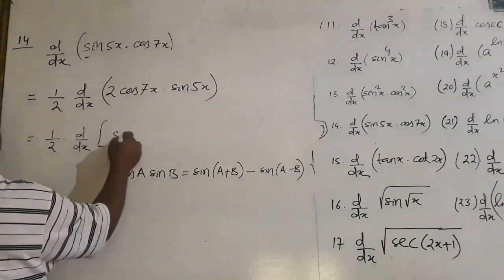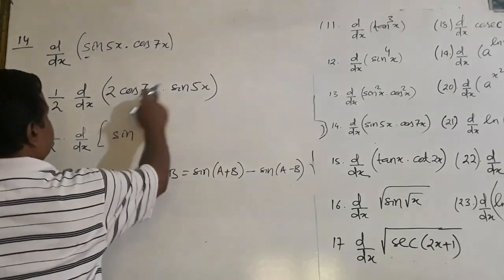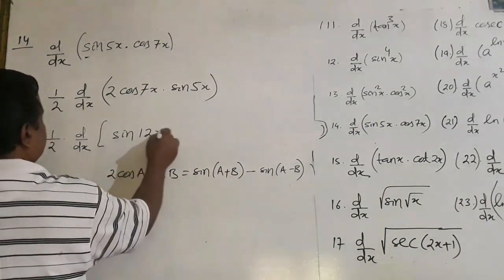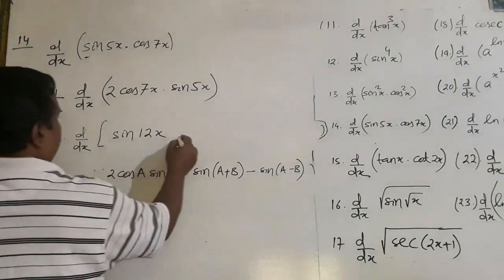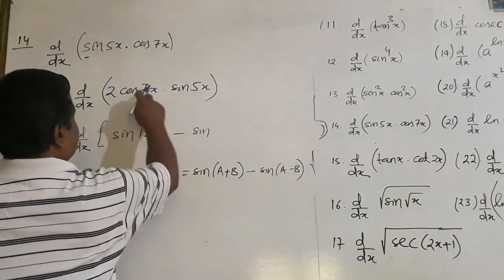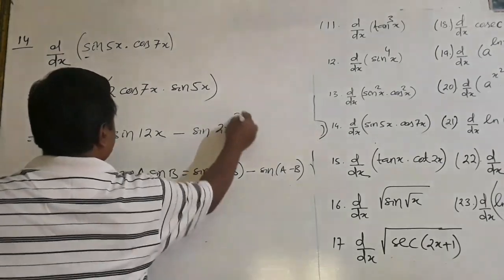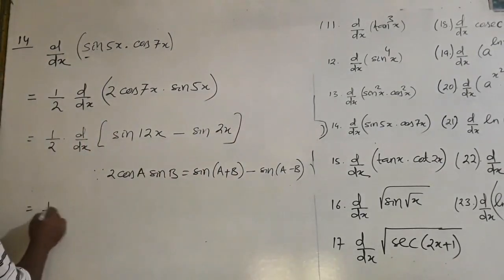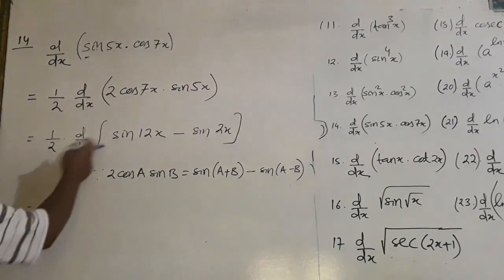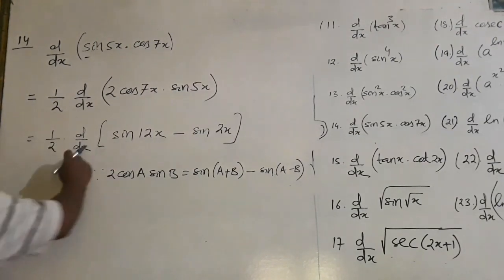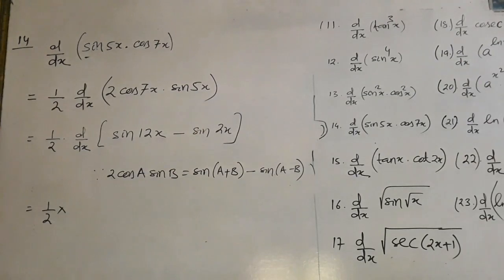It is sin of A plus B, 7x plus 5x, which is 12x, minus sin of 7x minus 5x, which is 2x. It is 1 by 2 into the derivative of sin 12x minus the derivative of sin 2x.